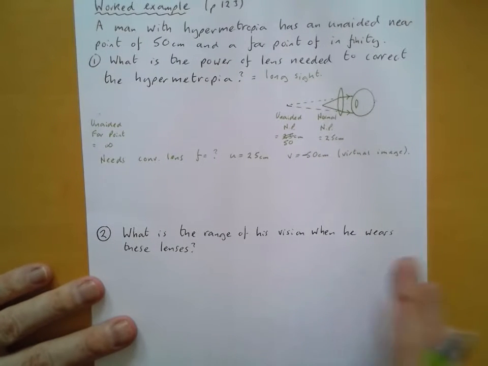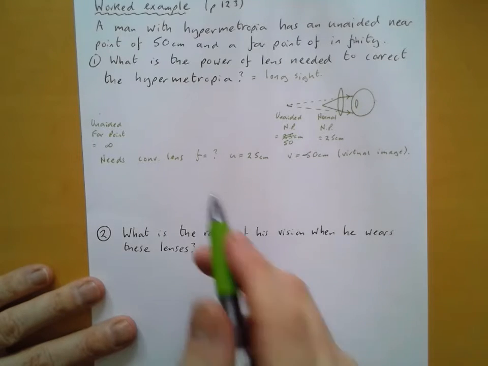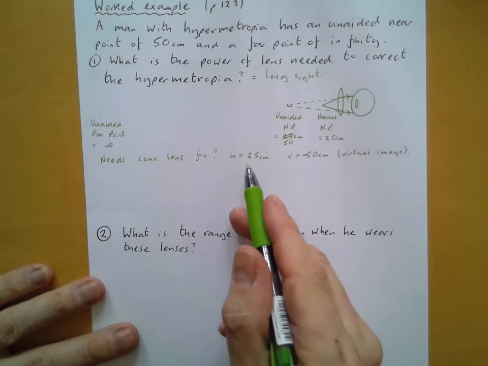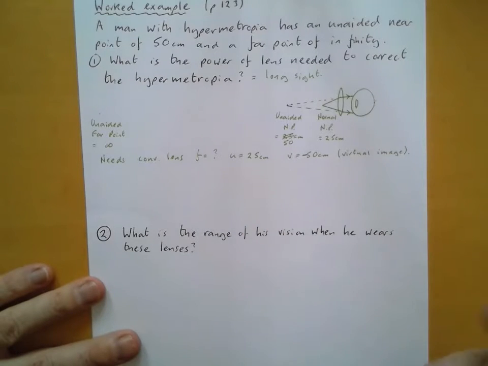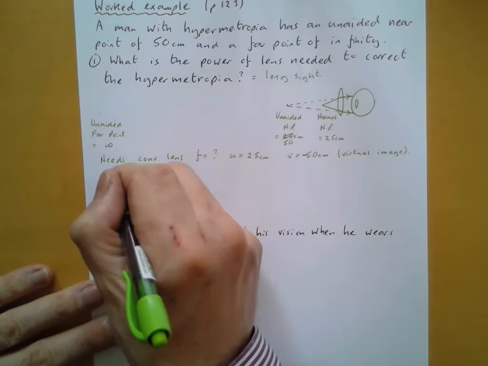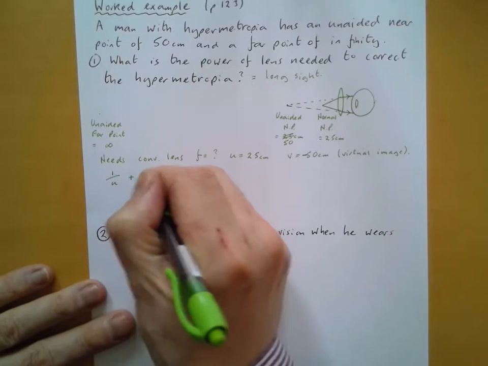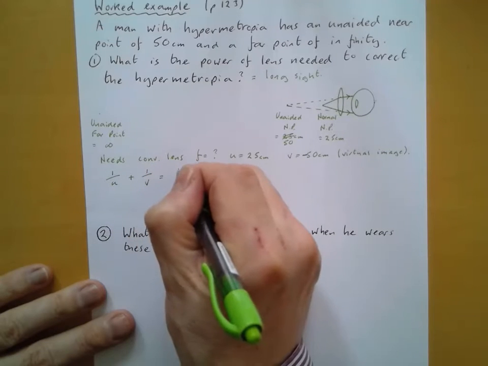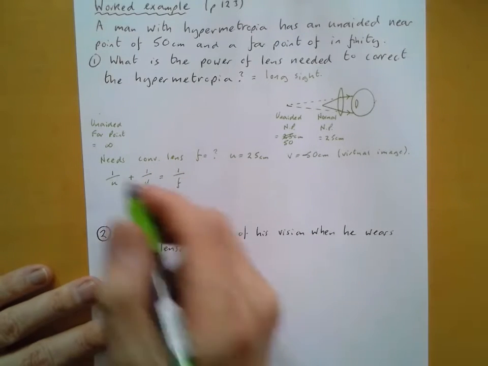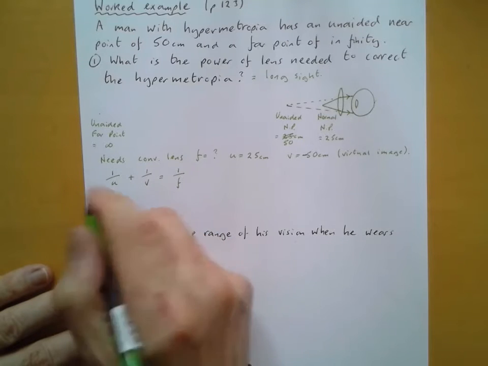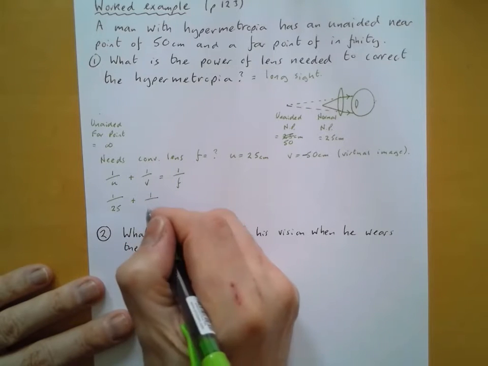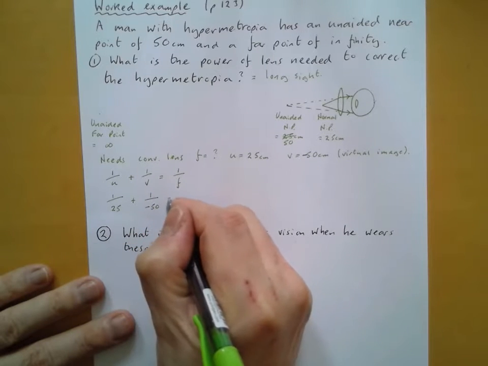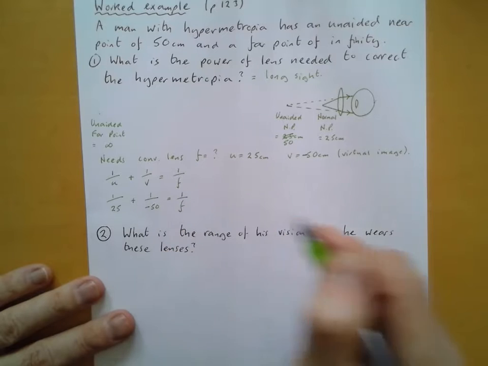Okay, now, right, so we want to know the focal length for an object distance of 25 producing a virtual image at -50. So to do that, we use the lens equation. 1 over u plus 1 over v equals 1 over f. So in this case, we have 1 over plus 25 plus 1 over -50 is equal to 1 over f.